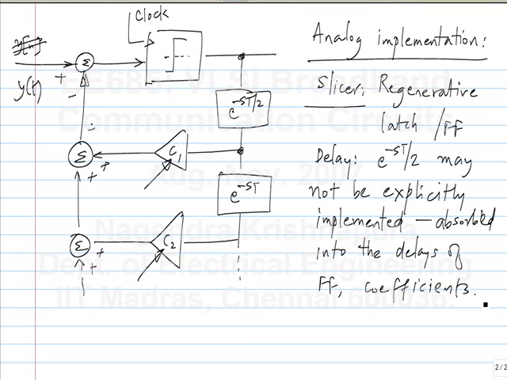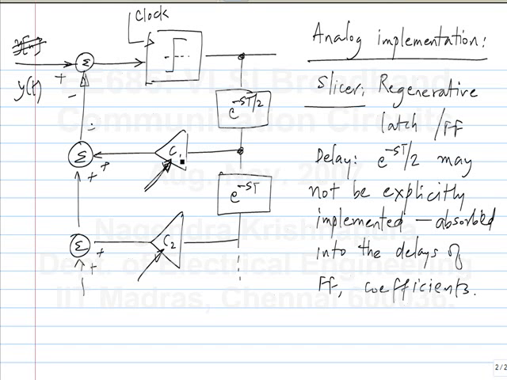So what you need also, in addition to the equalizer, is a variable gain amplifier, which will be adapted so that the cursor becomes 1. Now that's not strictly necessary because if you have a large range of coefficients C1, they can get adjusted to the cursor value times the relative value of the tap with respect to the cursor.